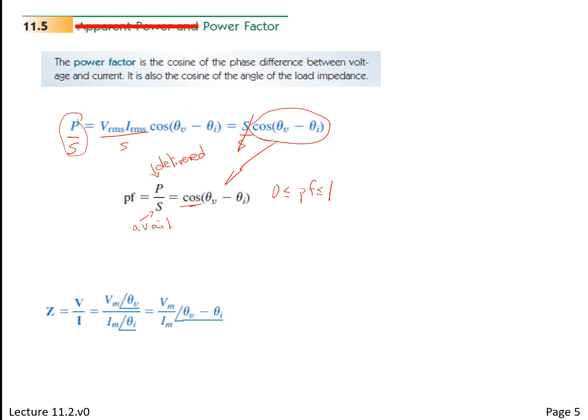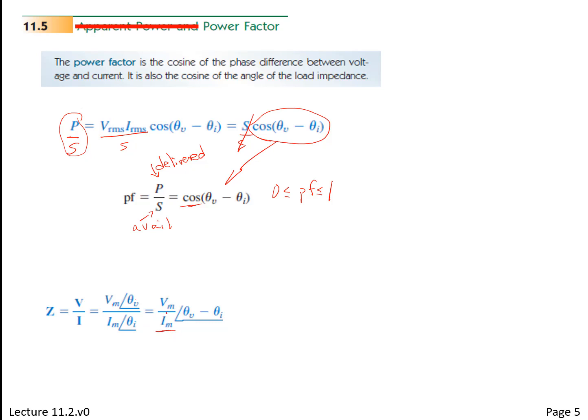Okay, so let's look at this in terms of Z, the load impedance. It's also the cosine of the angle of the load impedance. So here we are now in vector terms, talking about impedance. So these are vectors: the maximum at an angle of theta v and the maximum at an angle of theta I. Here is the definition of the impedance.